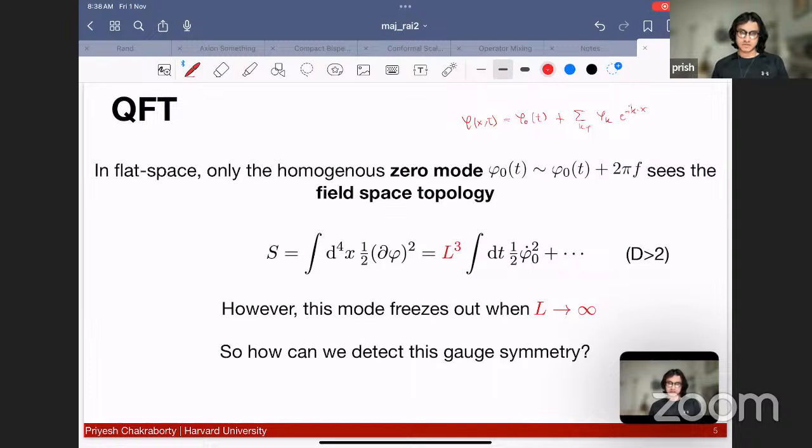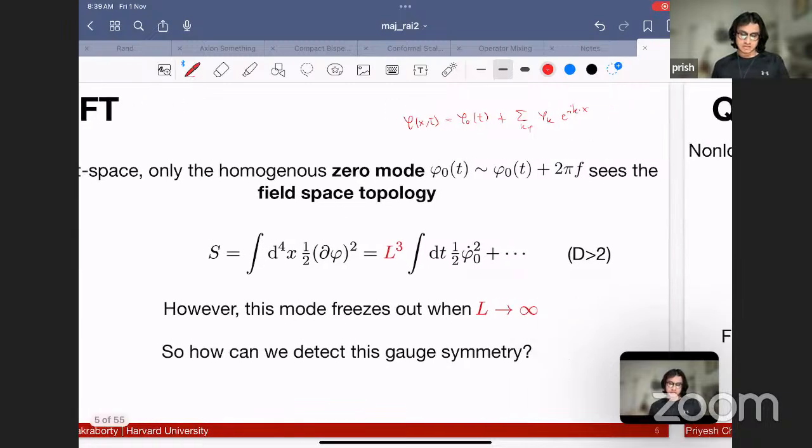But if you look at the action, the zero mode always comes dressed with an overall factor of volume. In the infinite volume limit, this mode just freezes out from dynamics. It doesn't participate in correlation functions. So that's why in naive correlation functions in flat space quantum field theory, this gauge symmetry is not so important. We don't necessarily need to care about it that much.